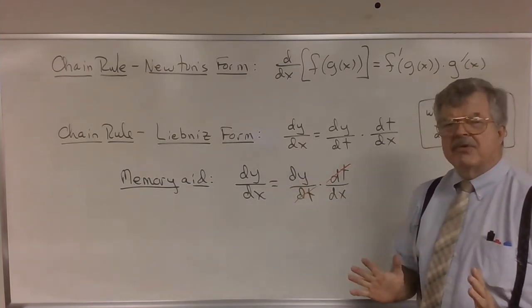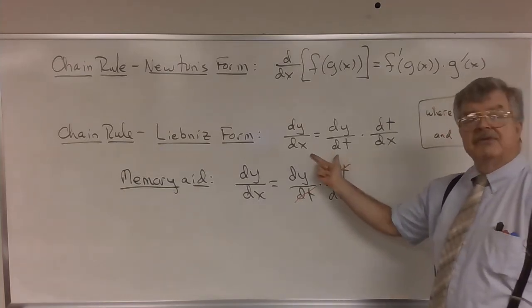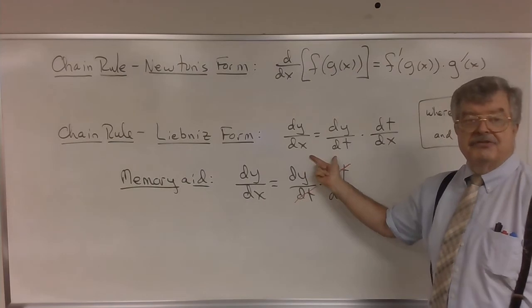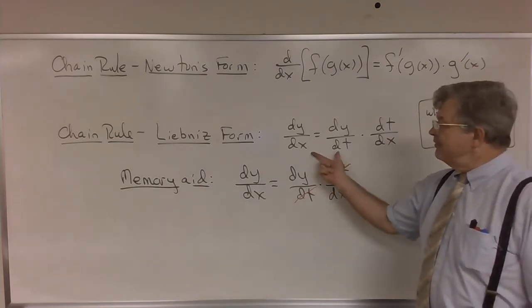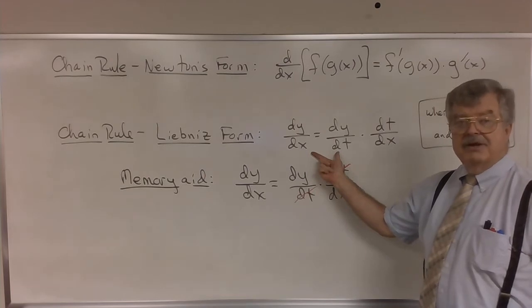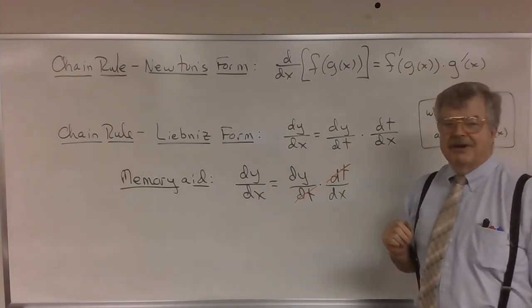That's our memory aid to help us make sure that we've actually written the Leibniz form of the chain rule correctly. So after we write out the form of the chain rule that we're going to use in Leibniz form, we can do this mentally and just make sure we've written it correctly.